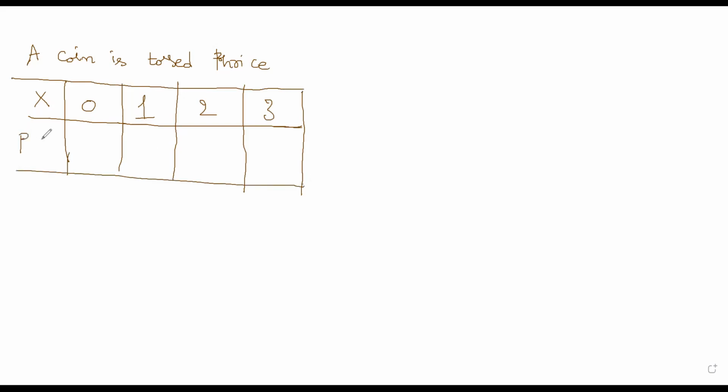And now how will the distribution be? Suppose 3 times you toss the coin, you have 8 possibilities. We have seen that in the sample space, right? So I don't have to write that, I hope. But anyway, we can have that, no problem.